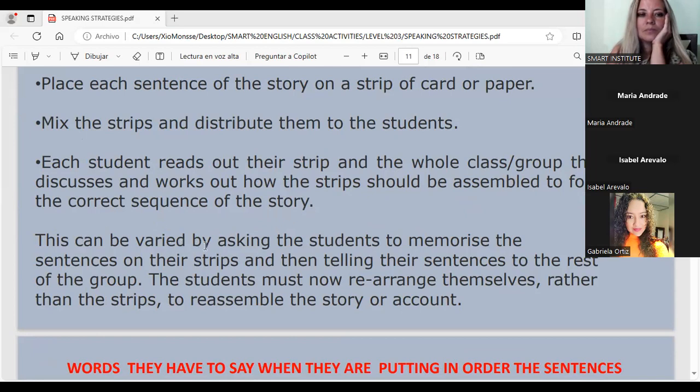This can be varied by asking the students to memorize the sentence on their strips and then telling their sentence to the rest of the group. The students must now rearrange themselves rather than the strips to reassemble the story or account.